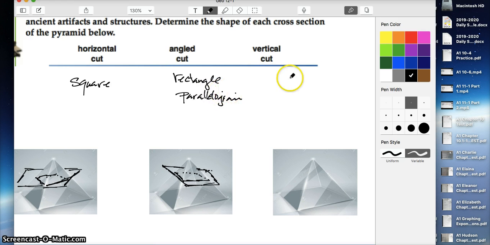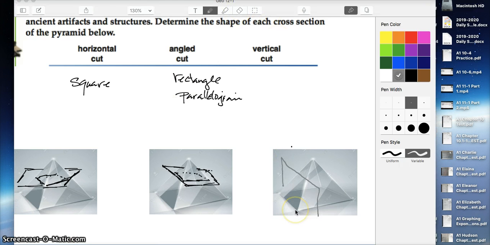And then the next one we have is a straight up vertical cut. So if I were to slice it vertically, I guess it depends on where, because if I sliced it through this point, we would get a triangle, right? But if I were to slice it vertically, what am I going to get there? I know this was a terrible drawing, let me try again.